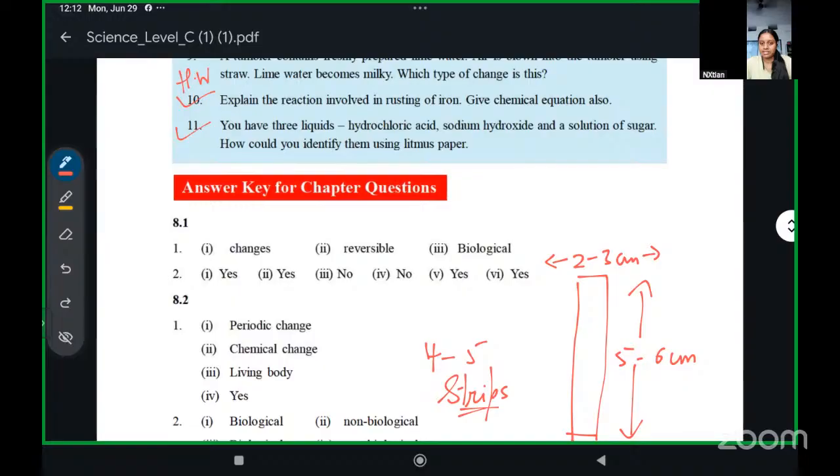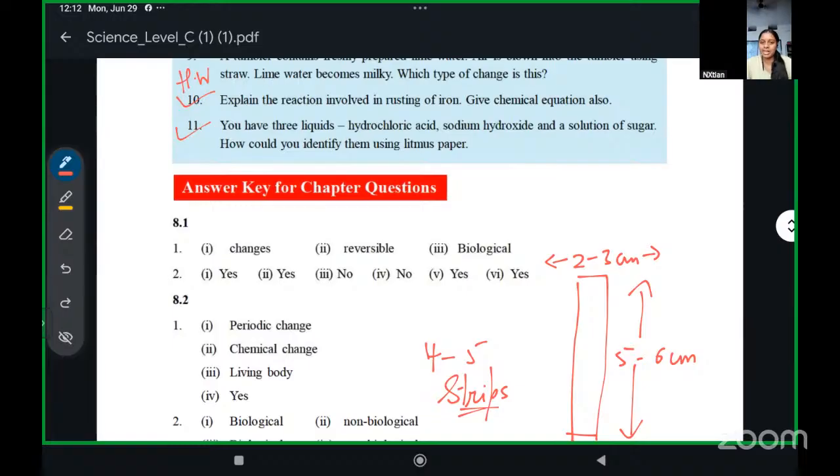Ma'am, for this experiment, should we buy anything? Not necessarily, Hannah. I think you will have lemon available in your homes. Tomato also.